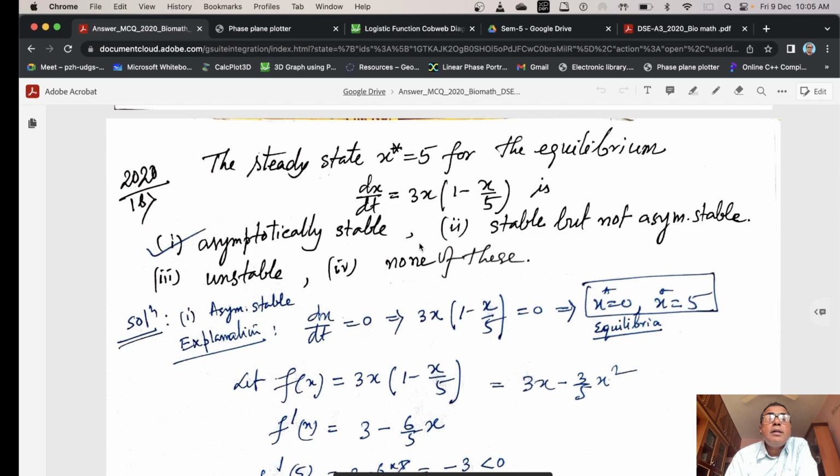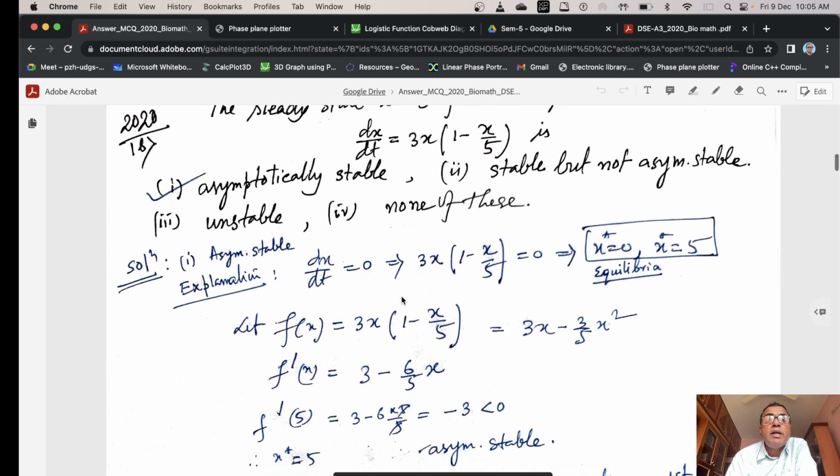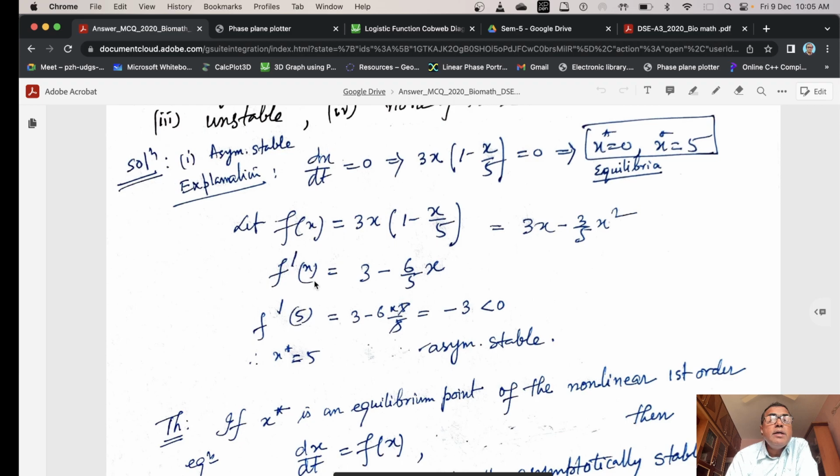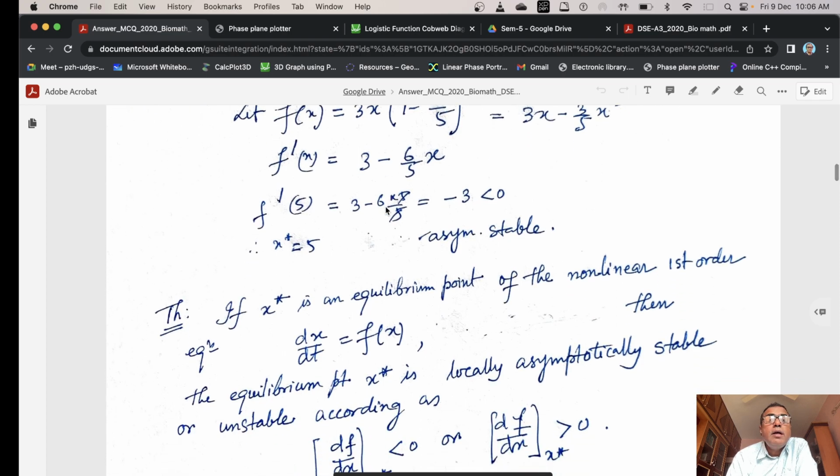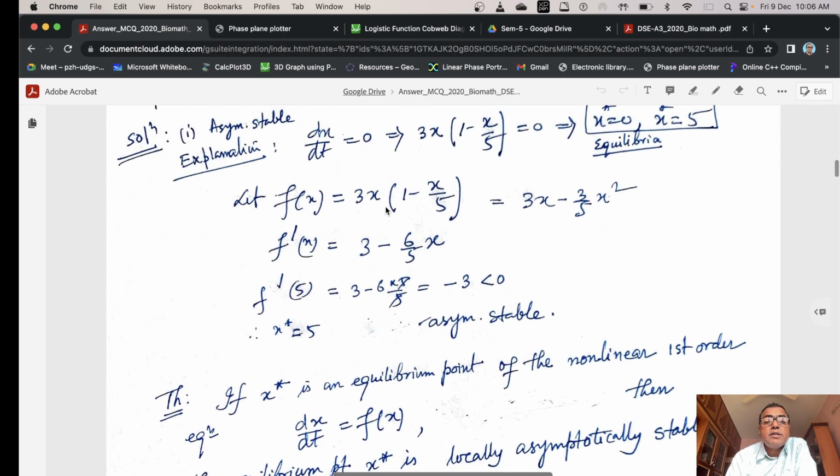Let the right hand side expression of dx/dt be f(x), so f(x) equal to 3x(1 minus x by 5). We find f dash x by differentiating with respect to x, we get 3 minus 6x by 5. Now f dash 5 equal to minus 3.